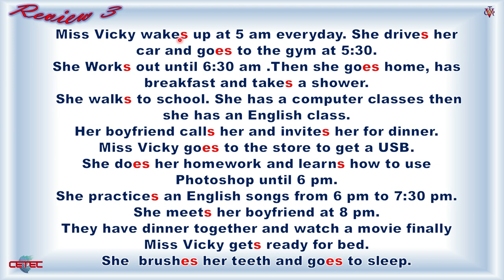Wakes, goes, drives, works, goes, walks, calls, invites, learns, does, practice, meets, gets, brushes, goes. In this activity, you have to underline the verbs, and now with this you are able to see how those verbs can be different. Don't forget, this is review number 3.